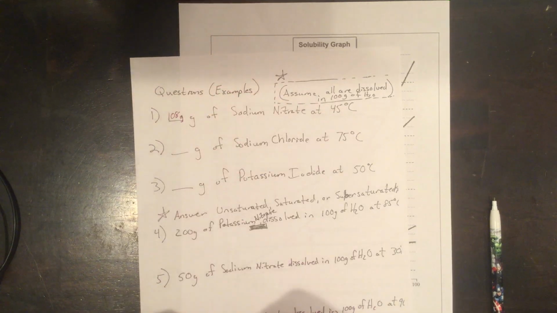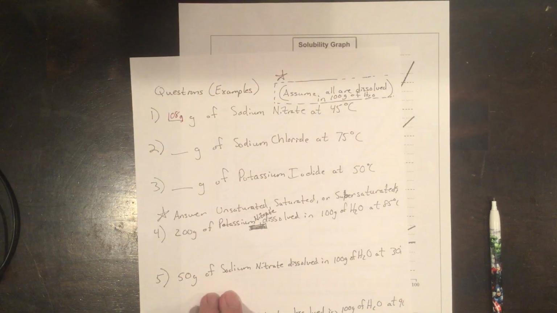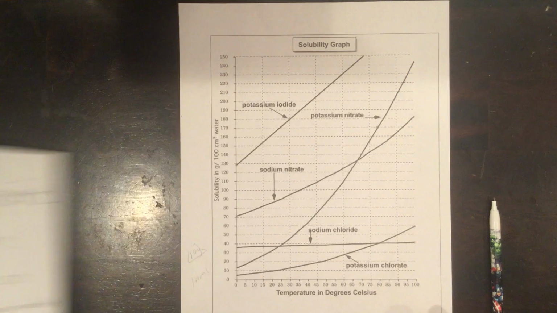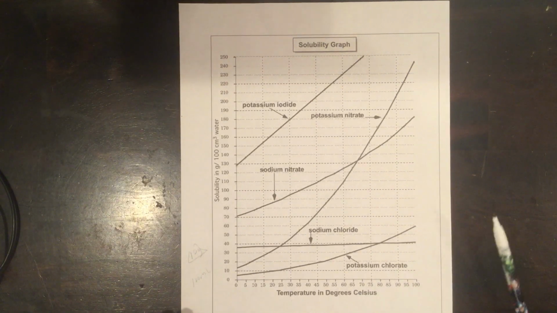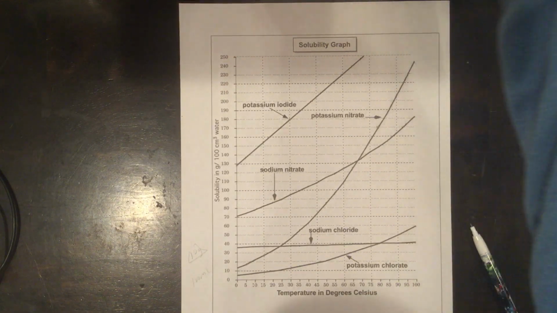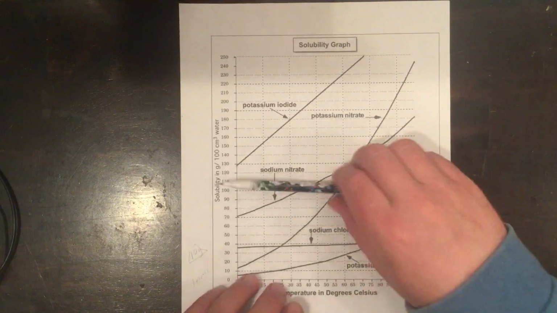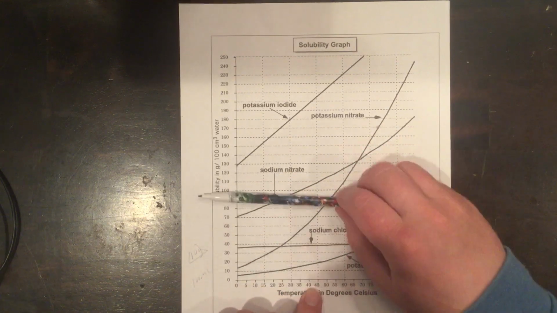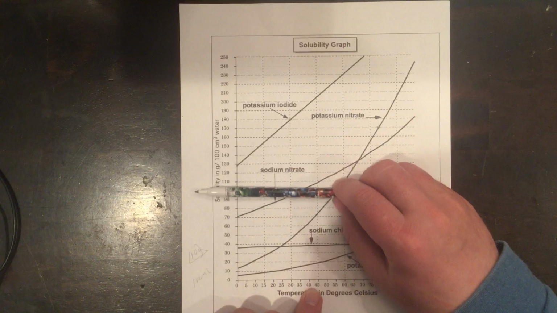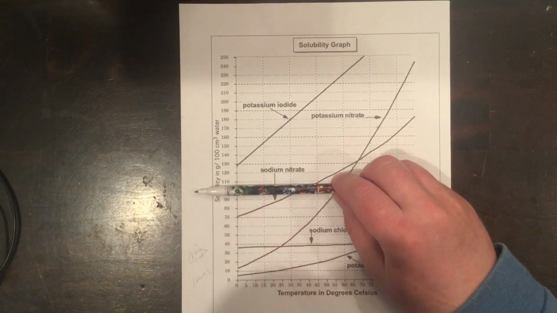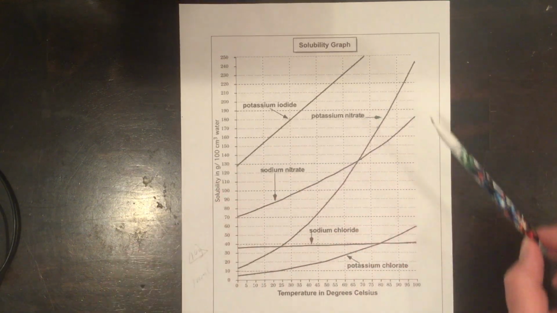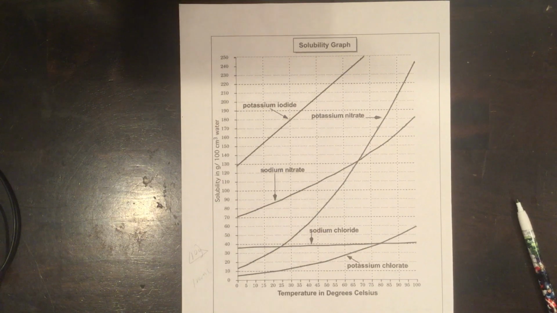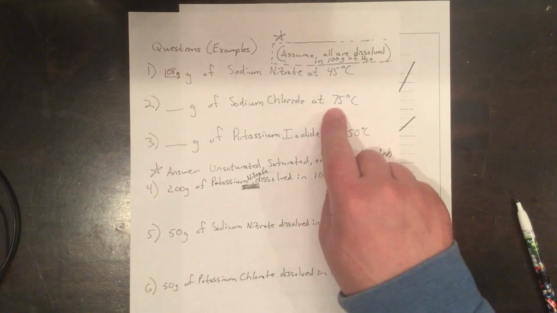Now, if you have a ruler, it's not a bad idea. I was looking for one, but mine was broken. Basically, come up 45 degrees, we need sodium nitrate right here, draw your line over. There you go. 108 or 109.